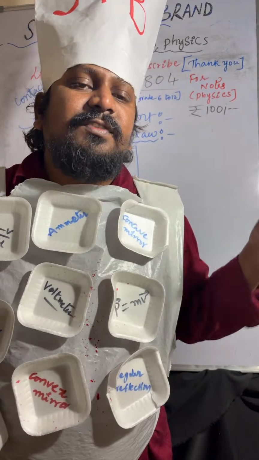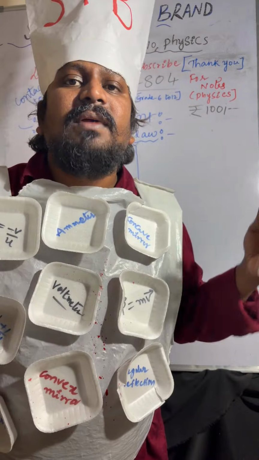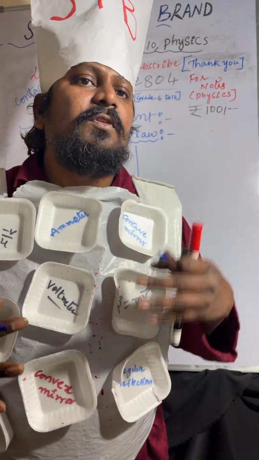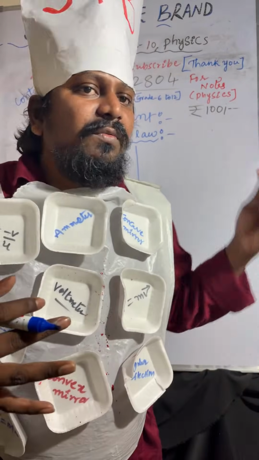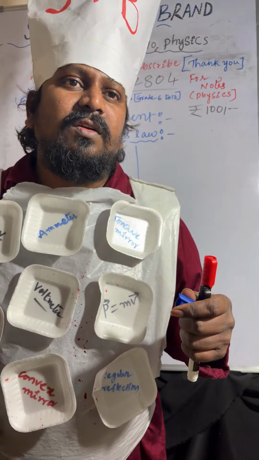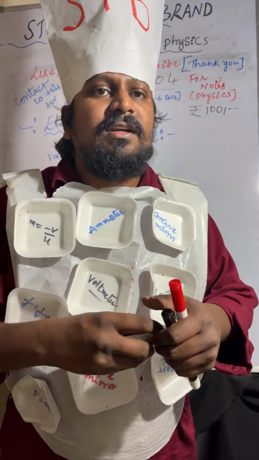I'll explain everything. So let's start. Potential difference is directly proportional to current, so V is directly proportional to I. V equal to IR.